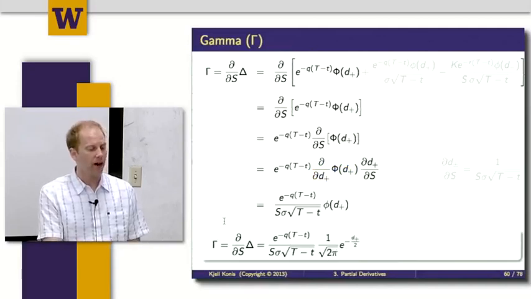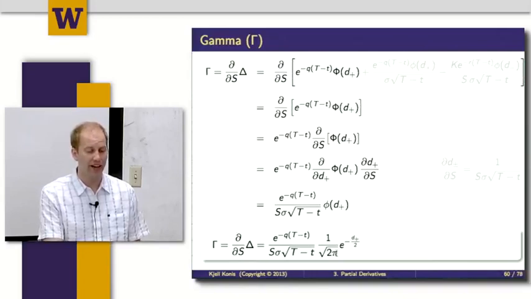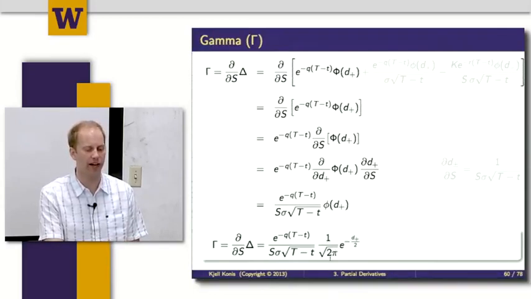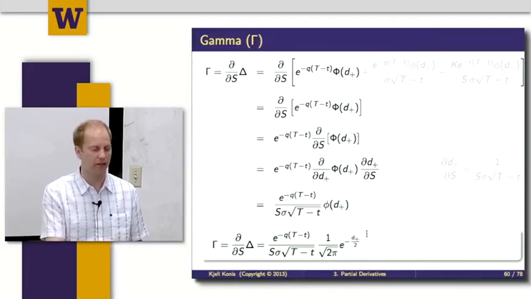And so we now have an expression for gamma, which is the partial derivative with respect to s of delta with respect to s. And this is exactly the same as the line above it. I've just replaced phi of d plus with the actual definition of phi of d plus. So it's 1 over the square root of 2 pi e to the minus d plus squared over 2. So looks like I missed a little bit because I forgot the squared there. But this should be d plus squared over 2.